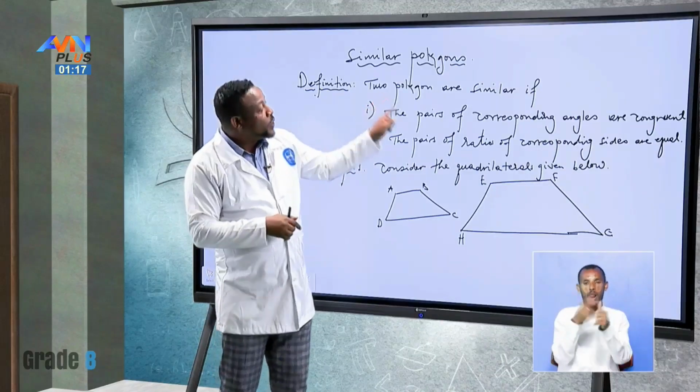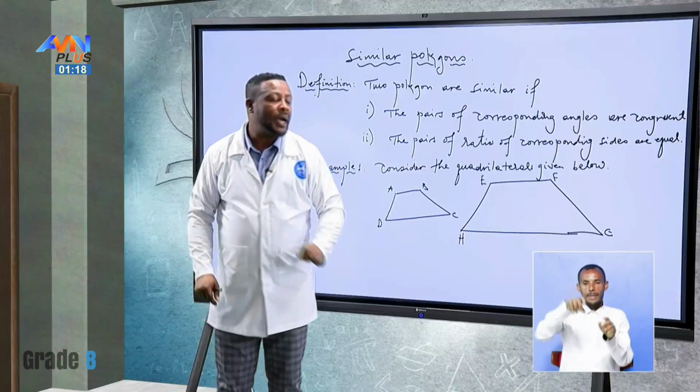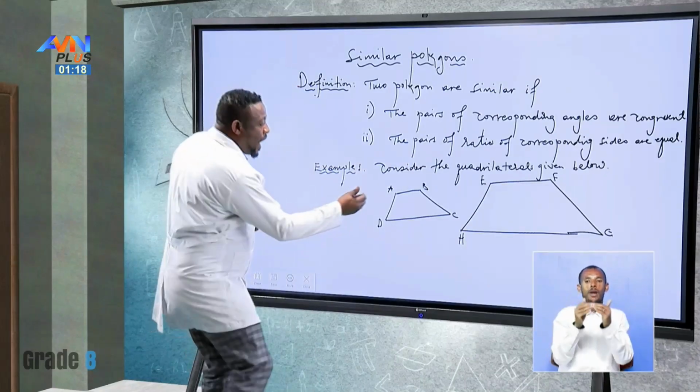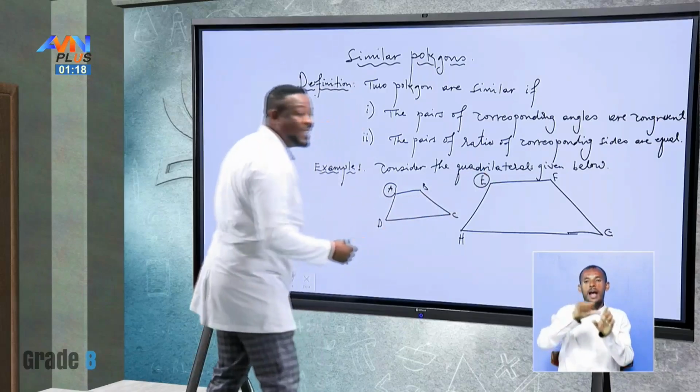First, the pairs of corresponding angles must be congruent. That means angle A and angle E must be the same.